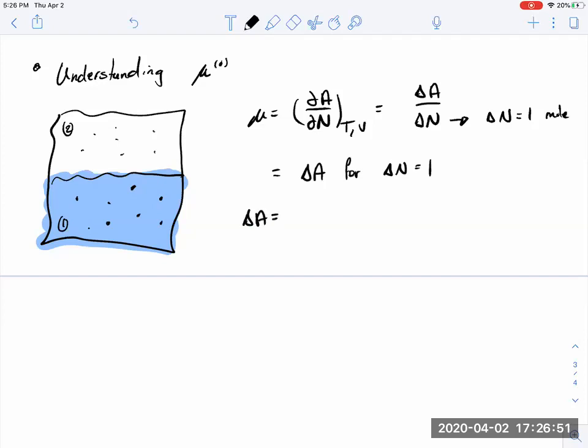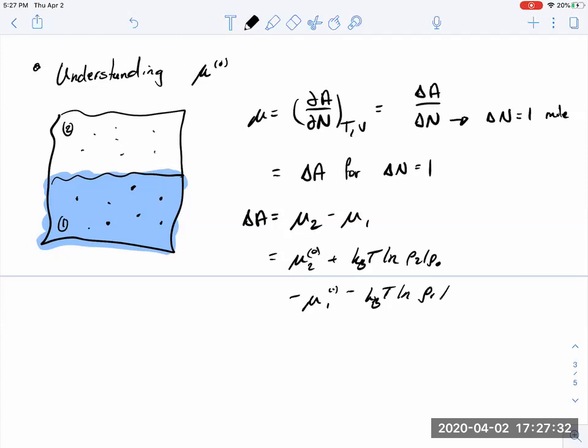So the Helmholtz free energy from moving 1 molecule from phase 1 to phase 2, if we use our expressions for these dilute solutions, well, we'll have the standard state chemical potential of phase 2 plus kBT log rho 2 in some reference, minus the standard state chemical potential of phase 1 plus kBT log the density of the solutes in phase 1 over rho naught, if we use the same, say, standard state conventions for both phases.